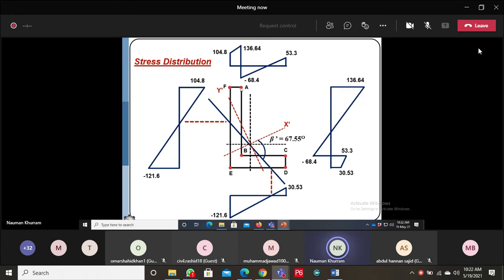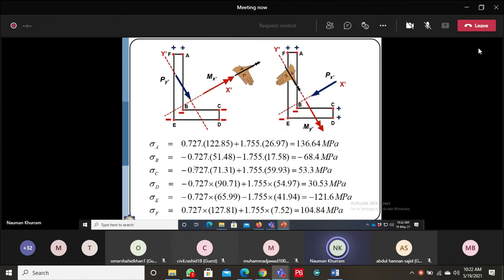Then the second immediate point that we can see will be point B. What is the stress at point B? It is minus 68.4. So it means that we are having fluctuation from positive to negative value.